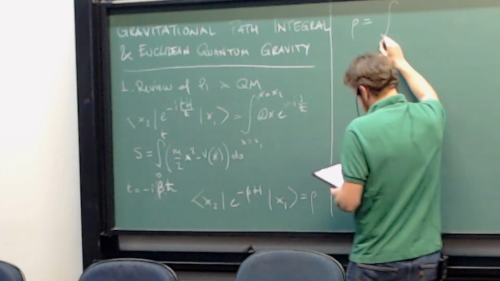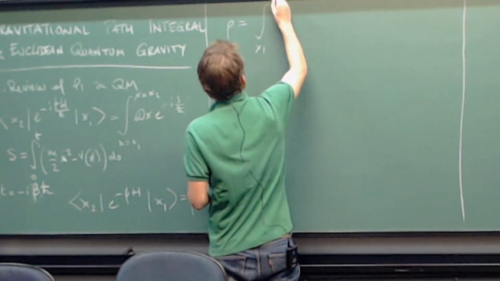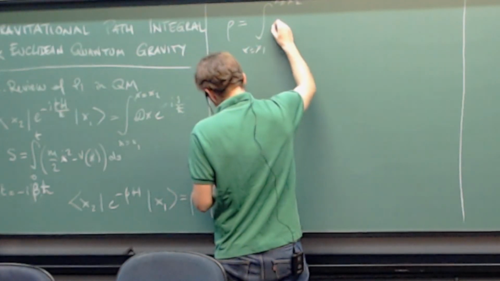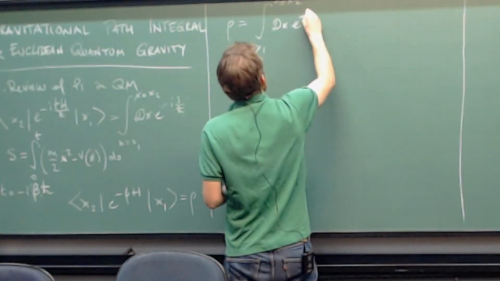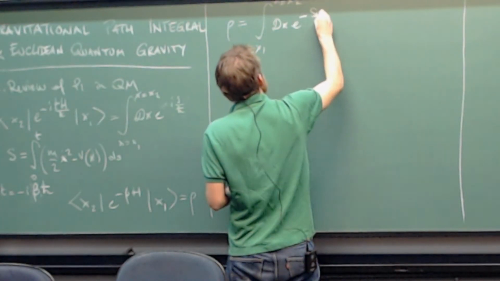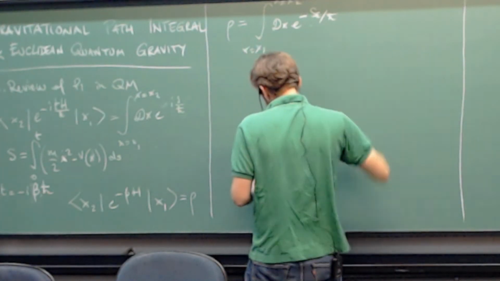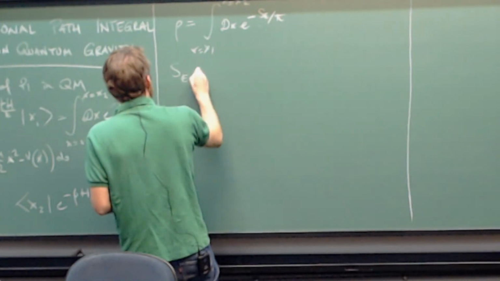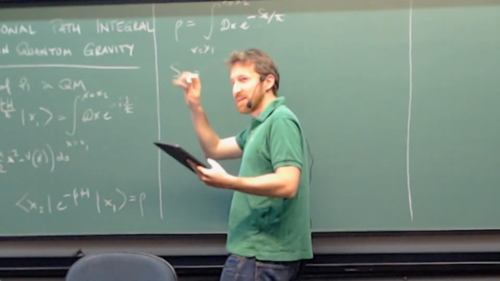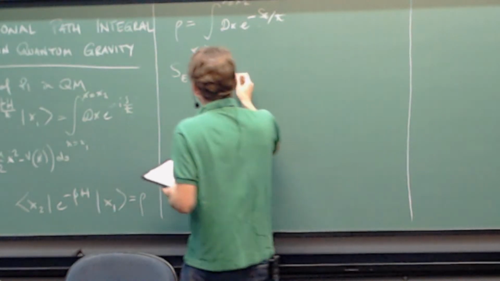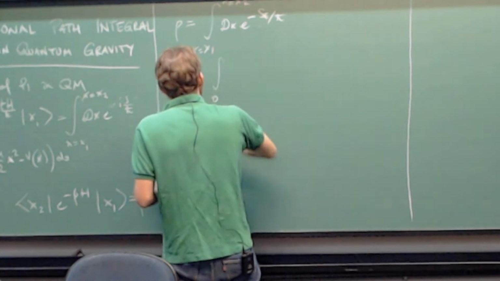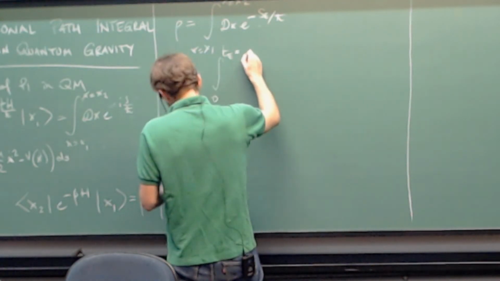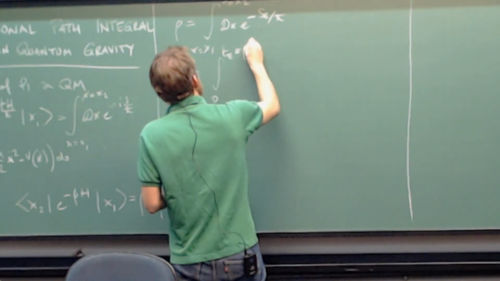is given by the integral from x(0) = x1 to x(t_E) = x2 of dx e to the minus S_E divided by h bar, where S_E is the Euclidean action. Here it doesn't really make sense to distinguish Euclidean from Lorentzian, but it's a form of Euclidean action. t_E is by definition beta h bar.